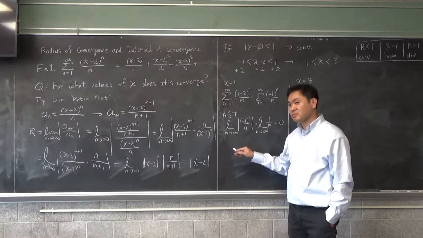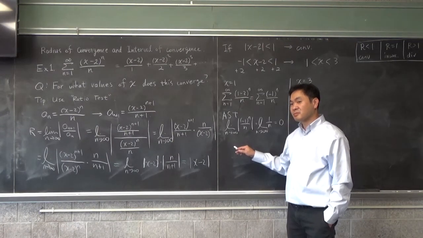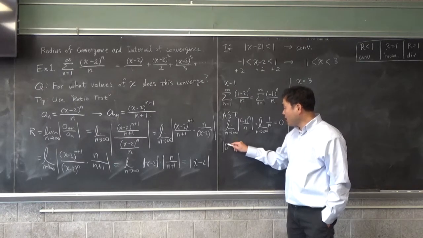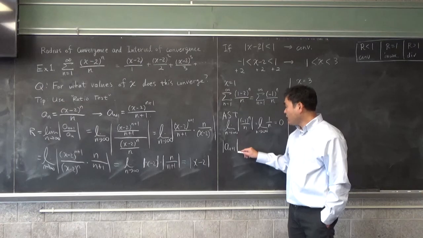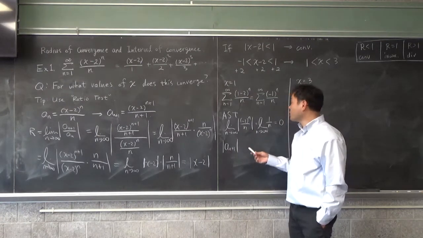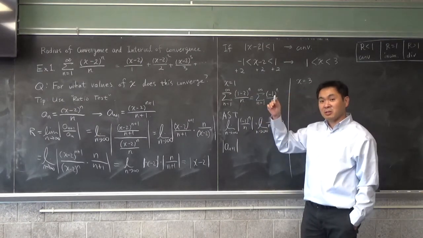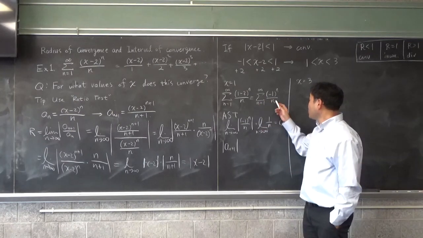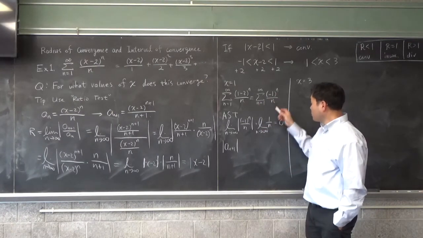The absolute value of a sub n plus 1 has to be less than or equal to the absolute value of a sub n. In other words, the sequence must be decreasing. Okay? So you have absolute value with n plus 1.